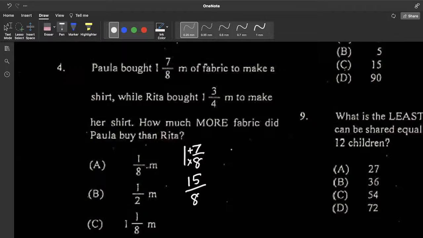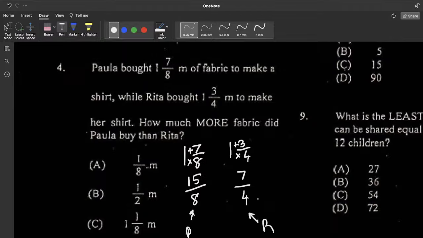Now 1 and 3/4, we do the same thing. So 1 times 4 is 4, plus 3 is 7. So we'll end up with 7 over 4. And remember, this is what Paul bought, and this is what Rita bought.